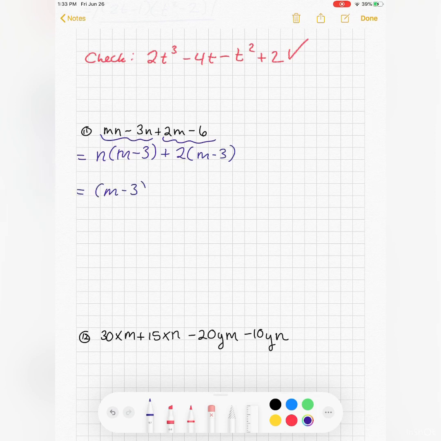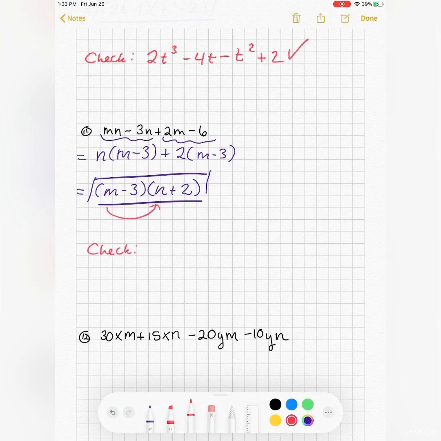Then I can take the m minus 3 out, and I'm left with the n plus 2. To check, let's see, I have mn, 2 m's, minus 3 n's, minus 6. And looks good.